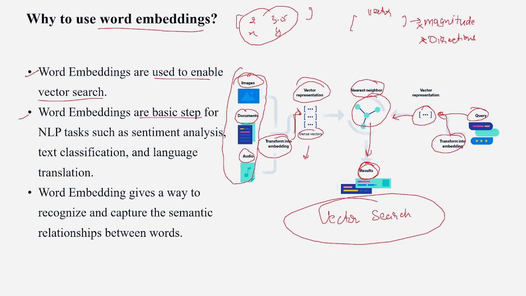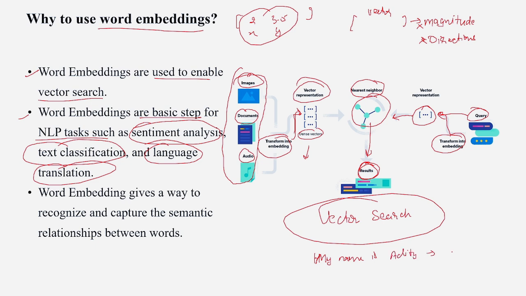Word embeddings are a basic step for NLP tasks such as sentiment analysis, text classification, and language translation. Suppose you are doing an NLP task of converting an English sentence to a Hindi sentence. My name is Aditya, and the Hindi meaning is मेरा नाम आदित्य है.